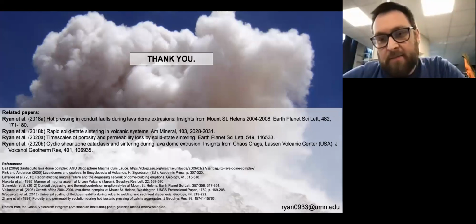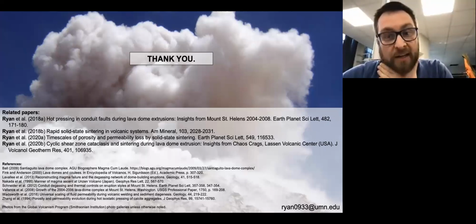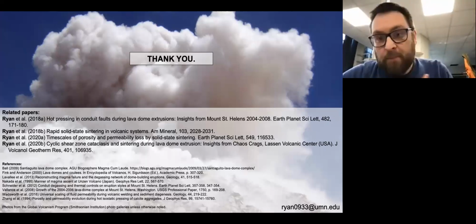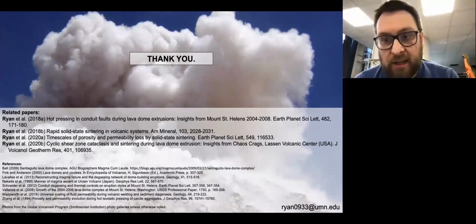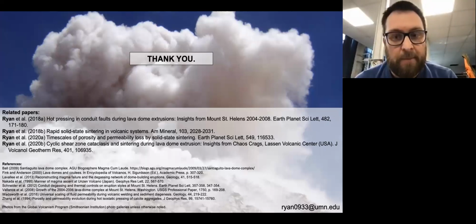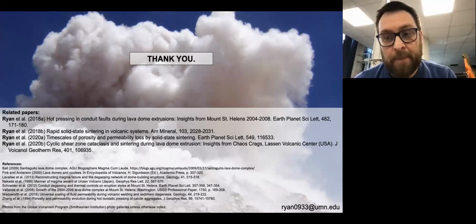As magma moves up through the conduit or up through dikes, it decompresses and loses its volatiles, like water vapor, CO2, all sorts of other gases, nasty ones coming off the magma.